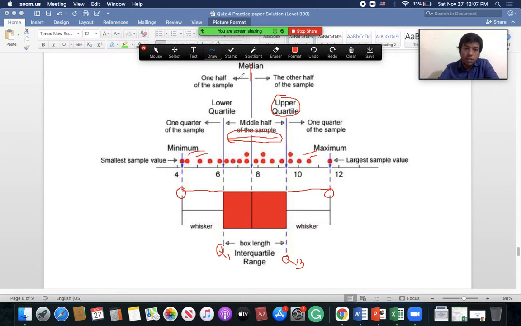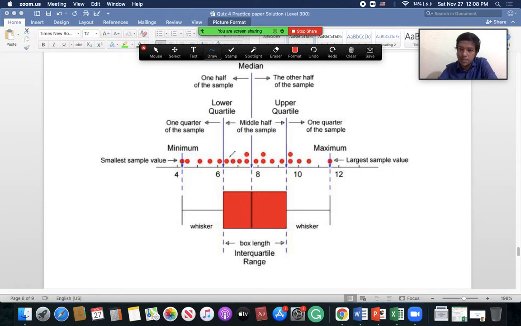And what does the median denote? From the median, the left side is half of the data, the right side is the other half of the data. Half means 50%, 50%. So let's say if I ask you this question in this data distribution: 30% or 40% of the data is less than 6.